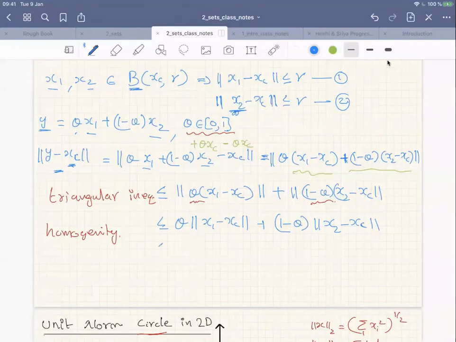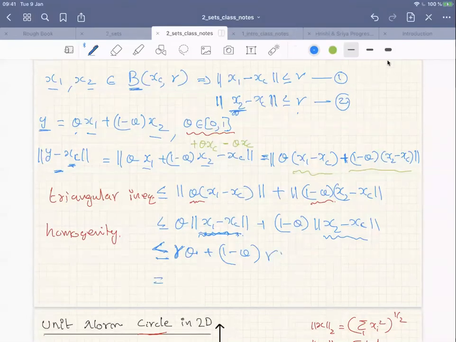Now this is simple. We know that this quantity is less than or equal to r, and this one is also less than or equal to r. So this is again less than or equal to r theta, because we know that this norm is less than r, so we replace it with r, plus 1 minus theta into r.